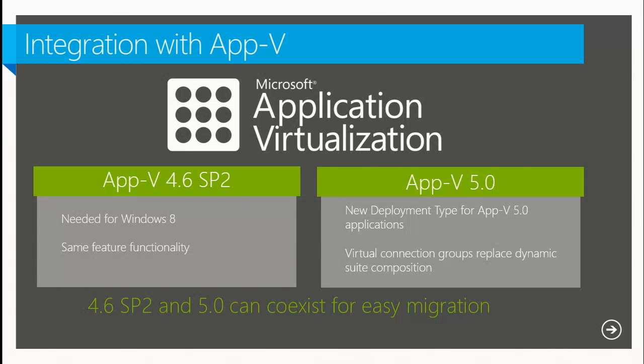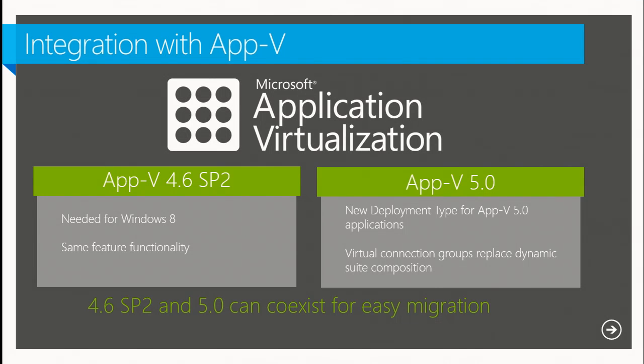The feature set is very similar to what we've had before. So the bigger change really is about App-V 5 integration. App-V 5 is the recent and glorious App-V version that provides things like better integration with the operating system, a more native user experience, better management, and all that is now supported through Configuration Manager.